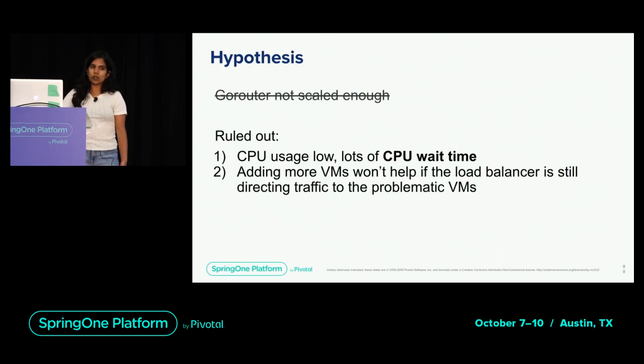So we can rule out this hypothesis because one, the CPU usage was fairly low and most of the time was spent waiting. And two, the load balancer health check requests are still fine. And so adding more GoRouter instances won't help if traffic is still going to go to those problematic VMs.